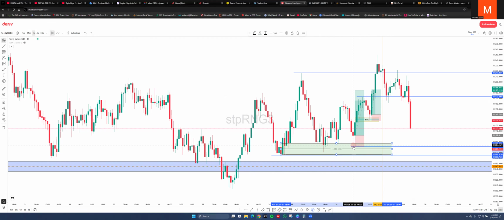But then where I found the market was here. The market did a retap here after breaking the structure. The market did a retap on that same zone, closed below here.